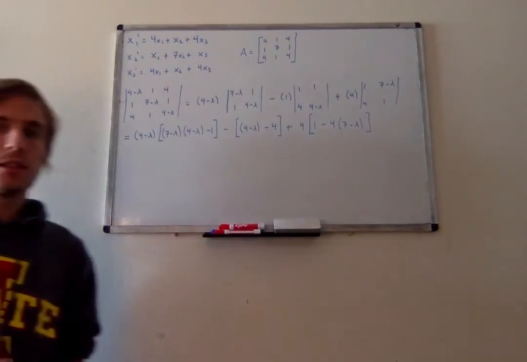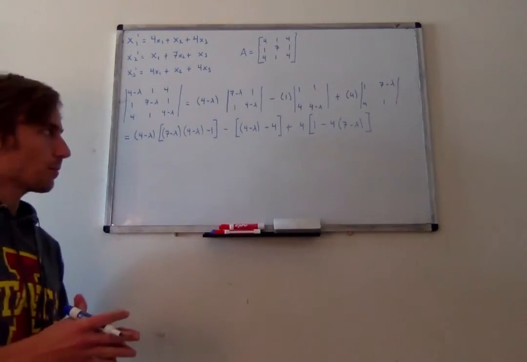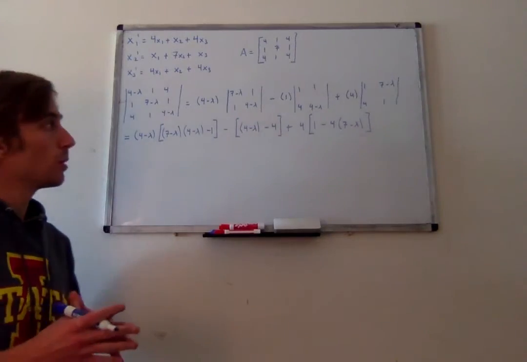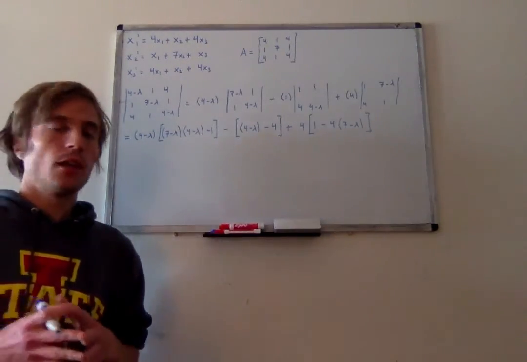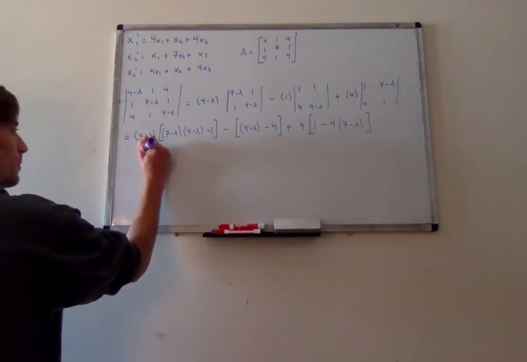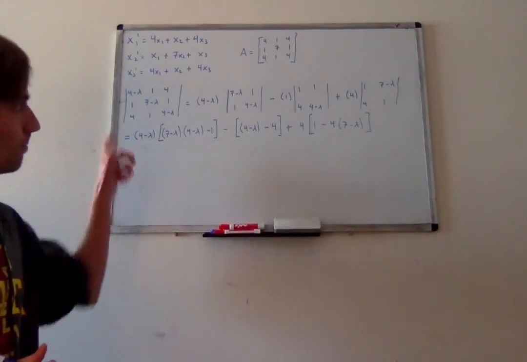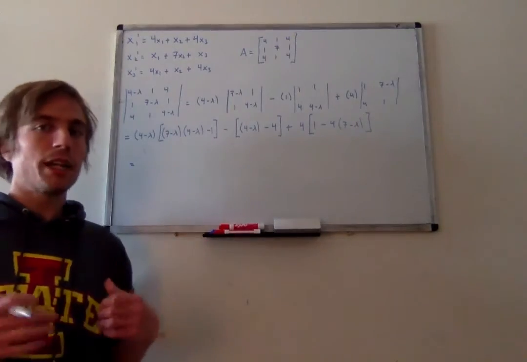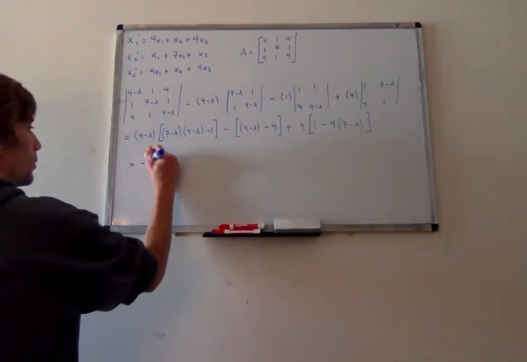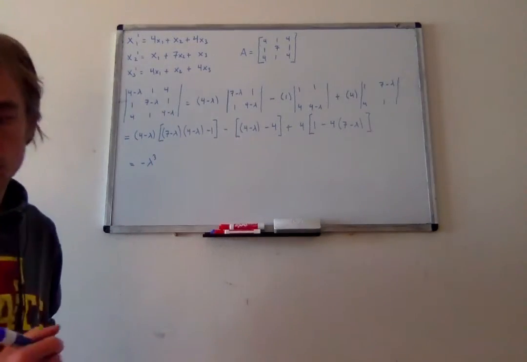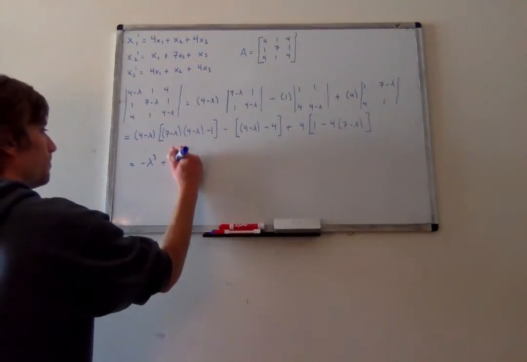And since algebra is so much fun, and I don't want to deprive you of being able to work through this, I'll tell you that multiplying everything through, combining like terms, and working through it all, you should get the following polynomial as our characteristic polynomial of this matrix A.